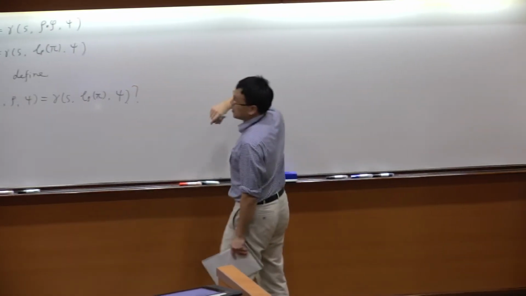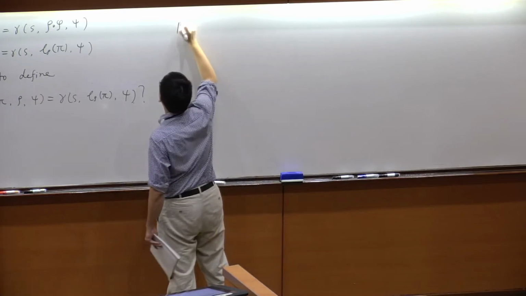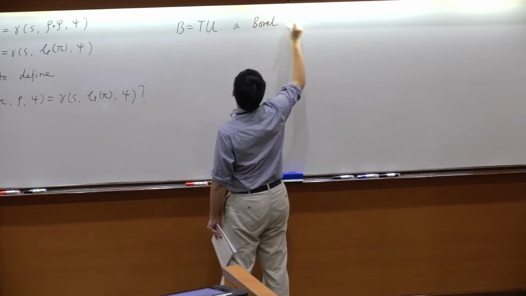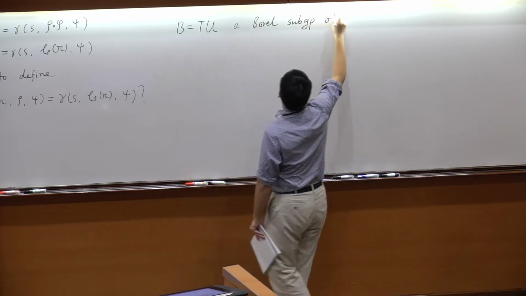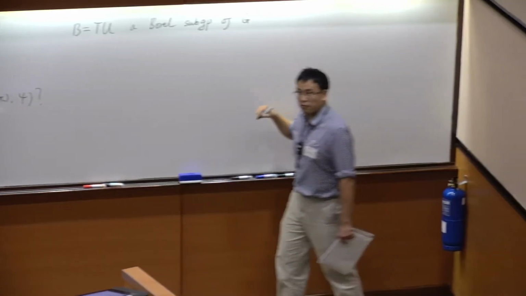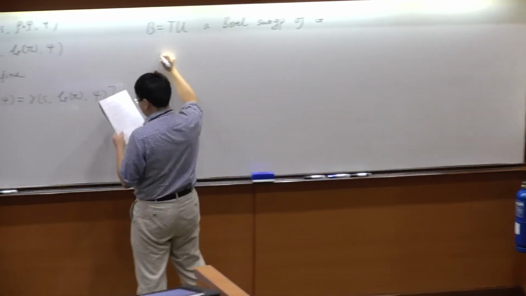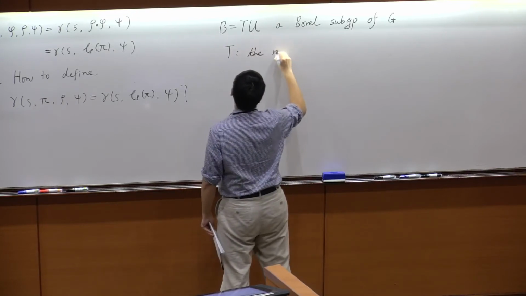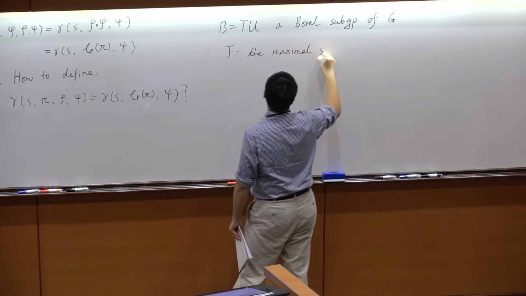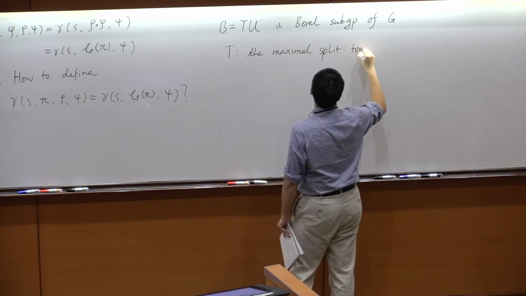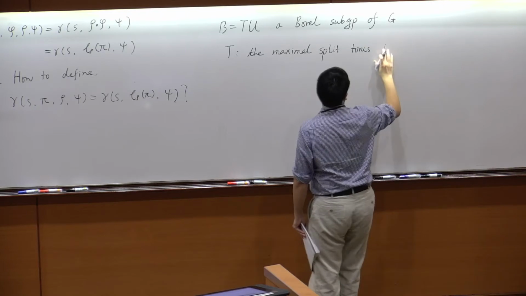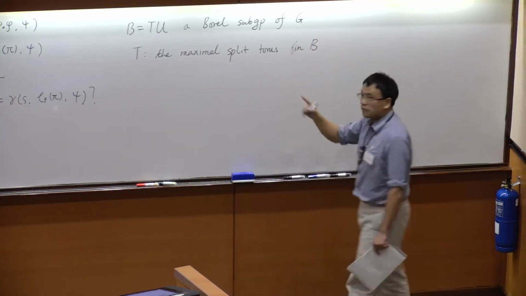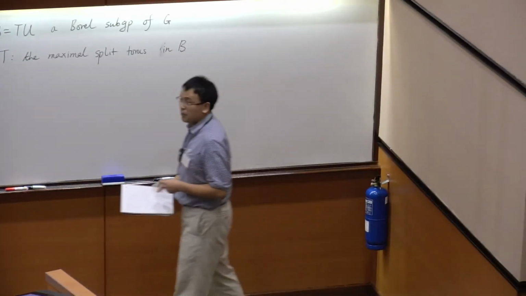Still, G is a connected split reductive group and we fix B to be a Borel subgroup. Of course, everything is defined over F. T is the maximal split torus. This leaves us U to be the unipotent radical.